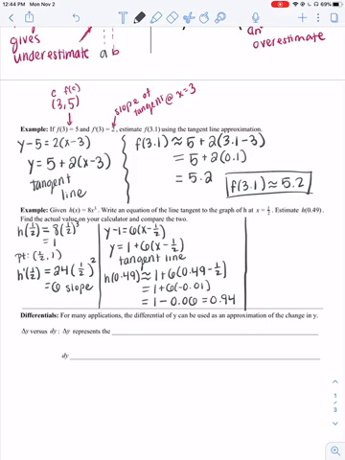Then we can use a calculator to find the actual. So the estimate is 0.94, and then the actual would be 8 times 0.49 cubed.